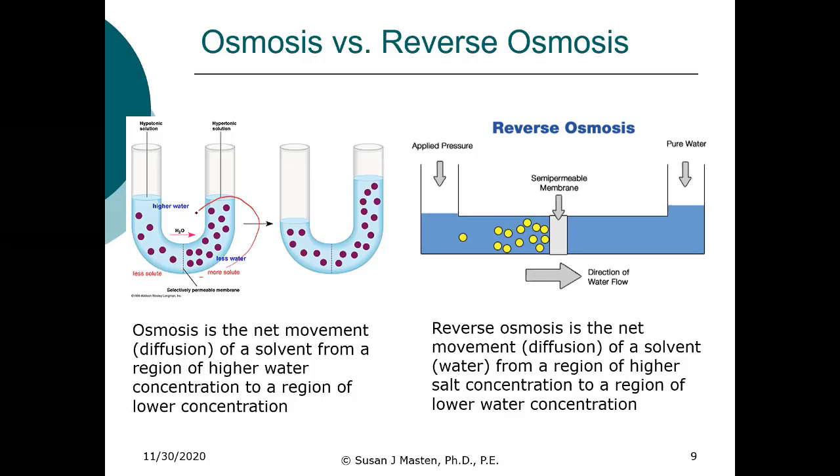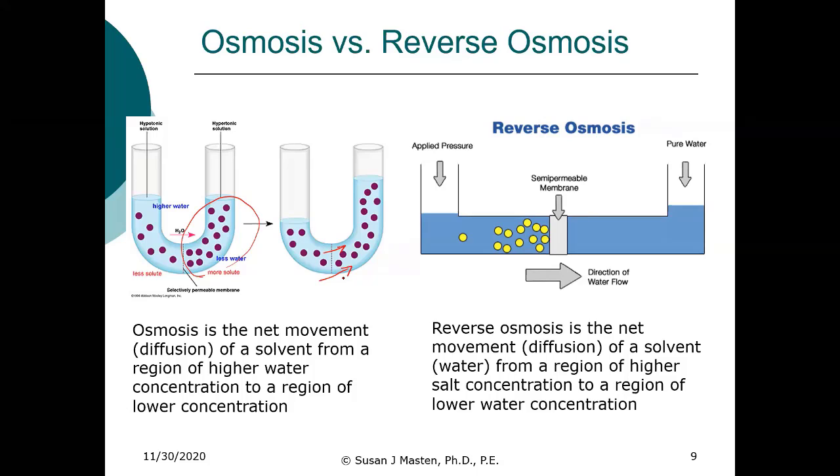So you can see here, we have a higher concentration of, let's just say, sodium chloride, and then we have a lower concentration on the other side of the membrane. You saw that with the molasses experiment, except in that case, it would be sugar. So what happens? The water moves across the membrane.